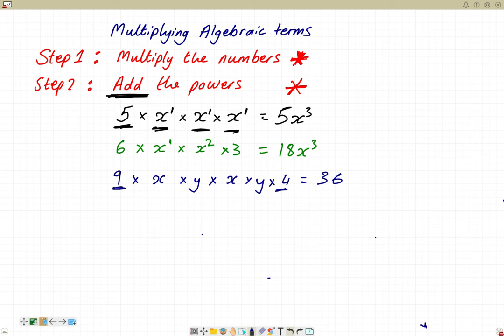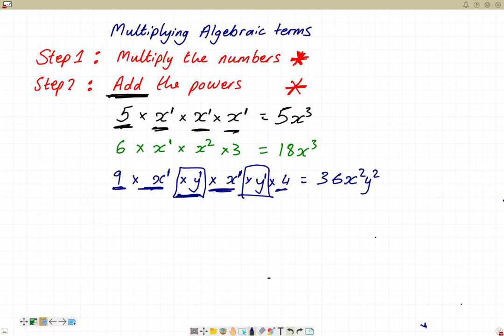So first deal with the x's. So I've got x multiplied by x. I know they're both to a power of 1, so add the powers. That's 2. So I've got x to the power of 2. And then I've got a y here and a y here. They're both to the power of 1, so add the powers. 1 plus 1 is 2. So y to the power of 2. Okay, and that is my final answer.